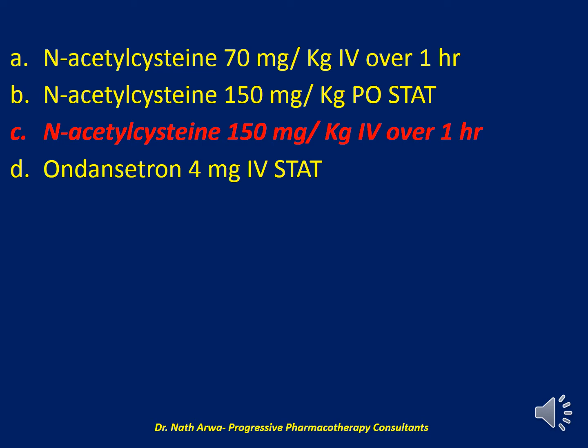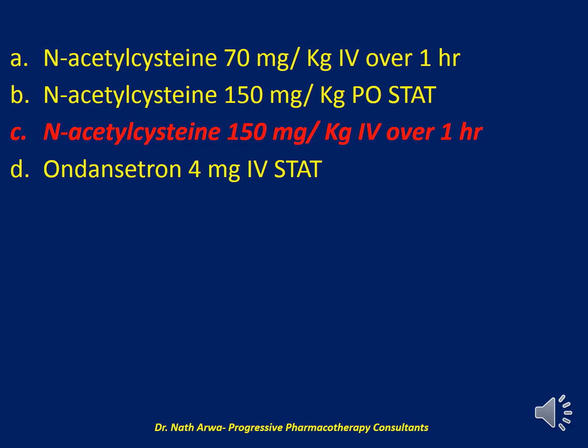It is generally accepted that if the acetaminophen level is greater than 10 with AST elevation, then N-acetylcysteine treatment should be initiated. Now, the route of N-acetylcysteine is controversial in this scenario, but either the IV or the oral route may be reasonable in my opinion.